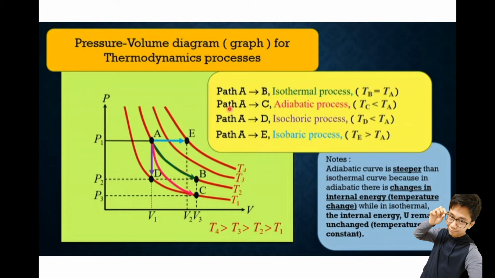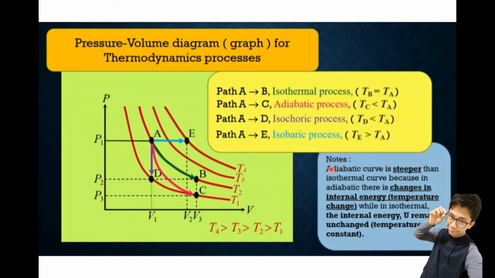And the second one, path A to C. Okay, this is an adiabatic process because the temperature at point C is less than the temperature at point A. It looks almost the same as the isothermal process for the line in the graph.